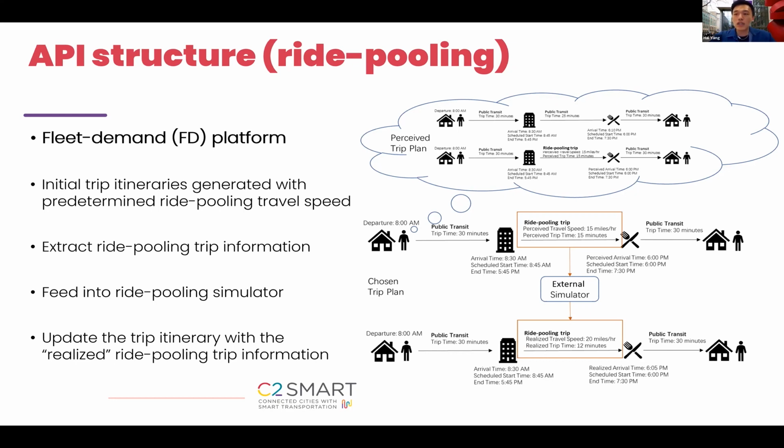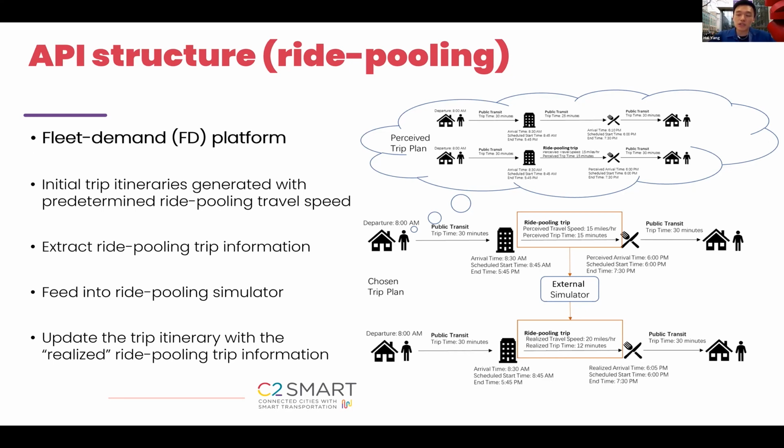In the initial MATSim run, we give some predetermined travel speed to this kind of trip service. It's a very generalized parameter. So he will use this information to get a perceived trip time. In this example, it's 15 minutes, but it's not a realized one.